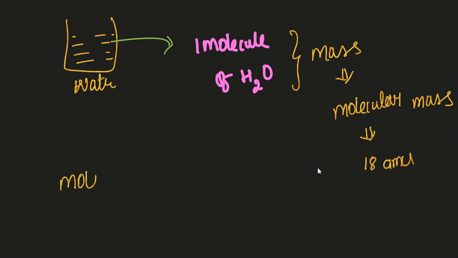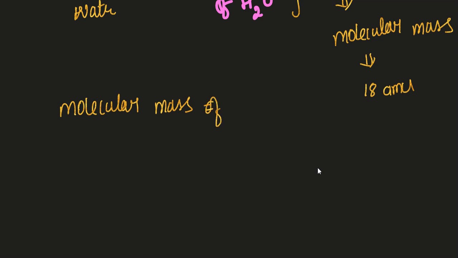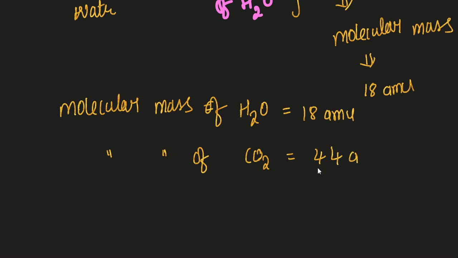Let us take one example. The molecular mass of H2O will be 18 AMU. The molecular mass of CO2 will be 44 AMU. Few students will have a doubt: ma'am, how did you get 18 and 44?